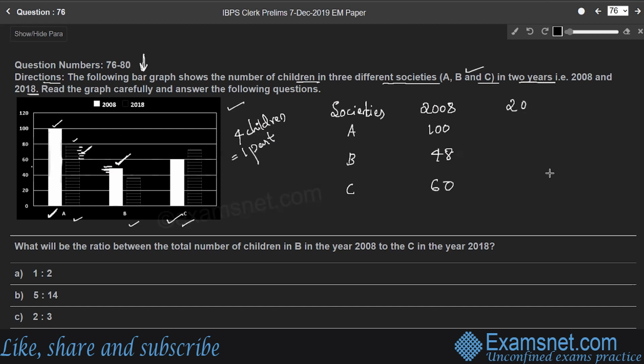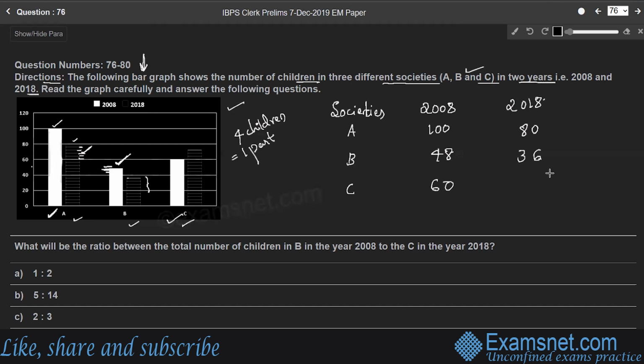Coming to the year 2018, in Society A, it is clearly given there are 80 children. In Society B, since between 20 and 40 there are 5 equal parts, there are 36 children.